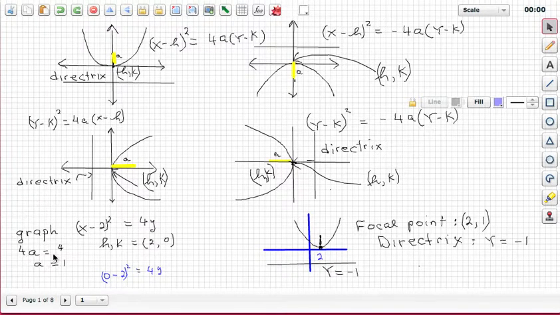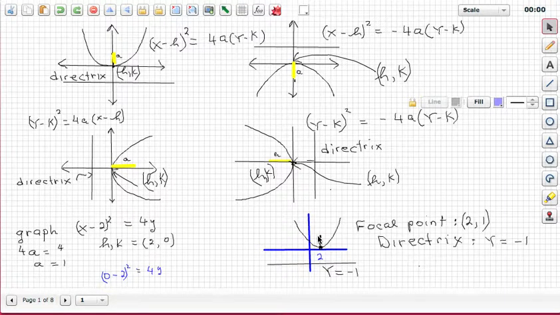So if you set 4a equal to 4, you can get the value for a, which is 1. And if the question is asking for the focal point, from the vertex, you can go a distance inside the parabola, and you know it's an up-facing parabola because this is positive right over here. So the focal point would be here. And if the vertex is (2, 0), the focal point would be (2, 1).